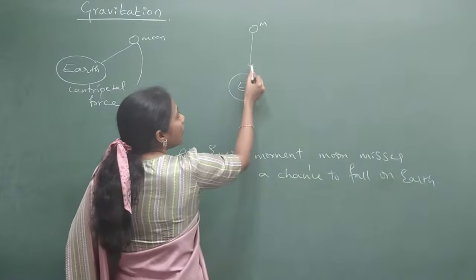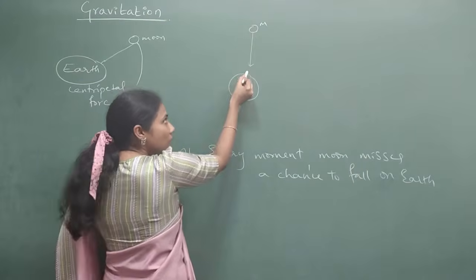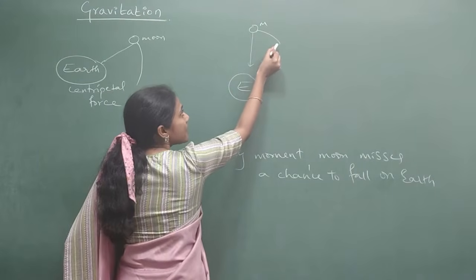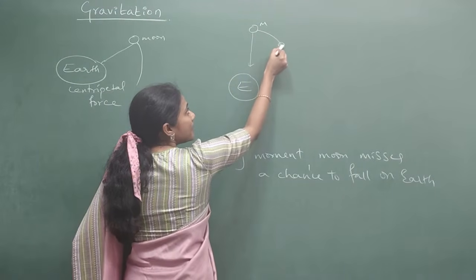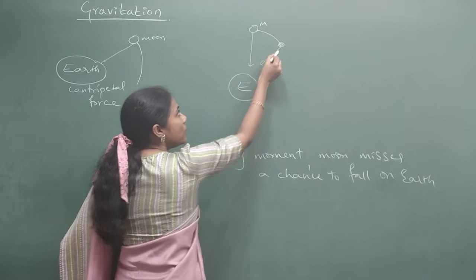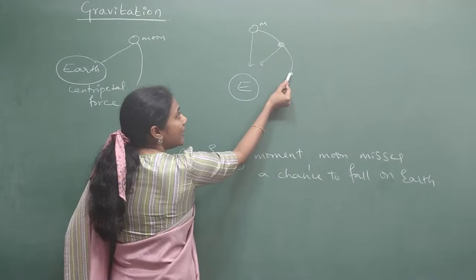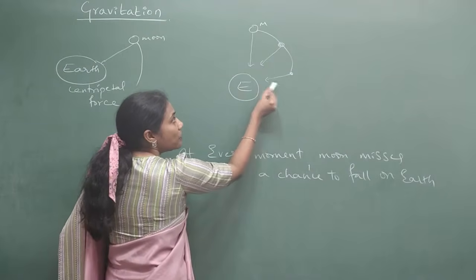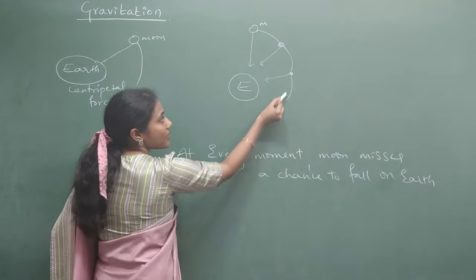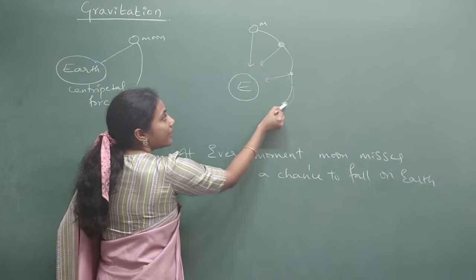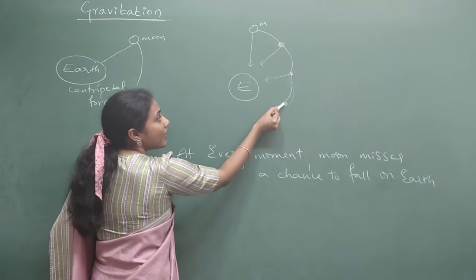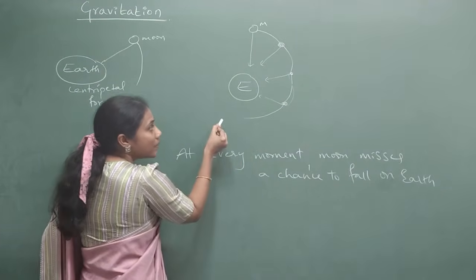The earth will pull the moon towards it, but somehow it misses a chance, it goes and it comes to this point. Again here the earth pulls, but it misses a chance and it goes like this. It comes to this point. Again at this point the earth will try to pull it towards itself, it misses a chance and goes there. It deviates. It comes to this point. The earth again pulls it towards it, but no, it misses a chance.